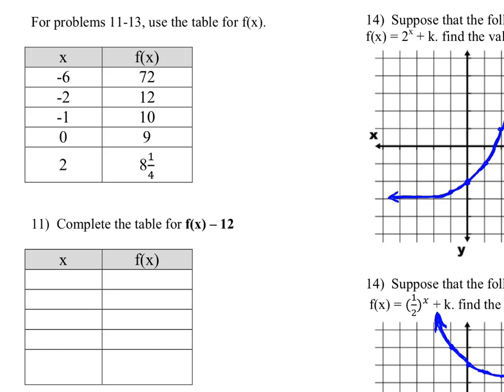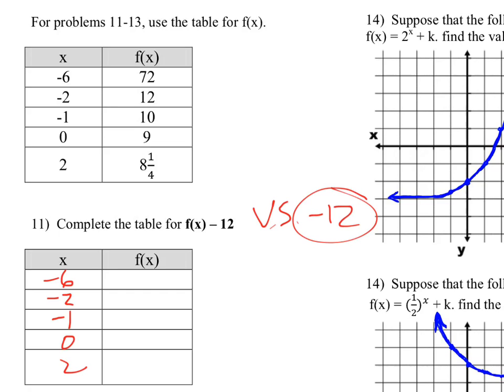Moving on to the next section here, these ones you're given this starting table, a starting function that takes an x and gives you this, and you translate it. Well, this here is a vertical shift of -12, which is going to change all of your y values. All your x's are going to stay the exact same as they used to be. So -6, -2, -1, 0, and 2.